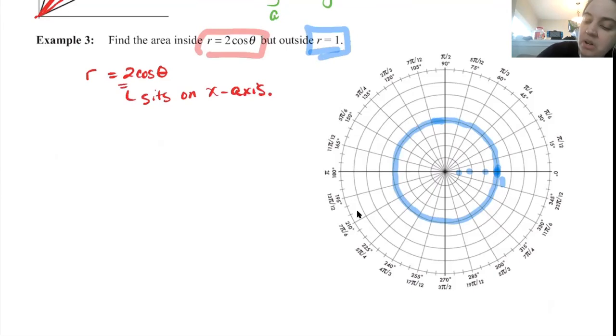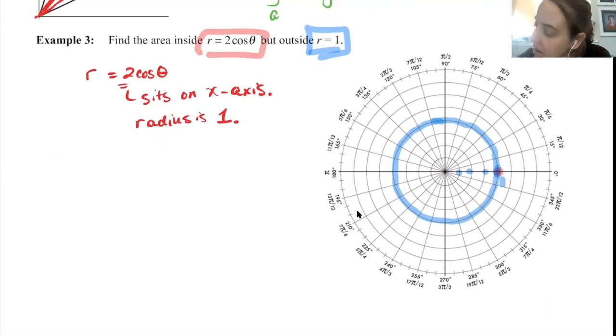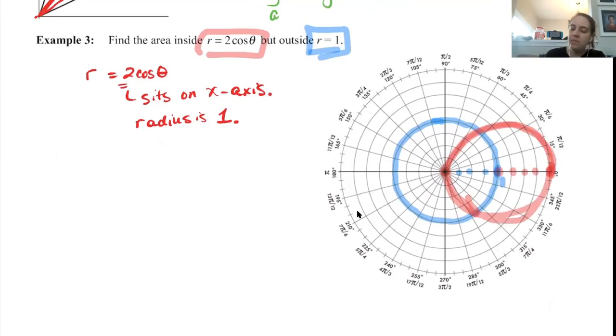Choose your diameter. So the radius is 1. So this circle has a radius of 1. And I counted those as 4. So 1, 2, 3, 4 gets me out here to 2. So it's a circle that looks like this. It'd be the same size as the blue one. I didn't really do a great job of showing that, but there it is.